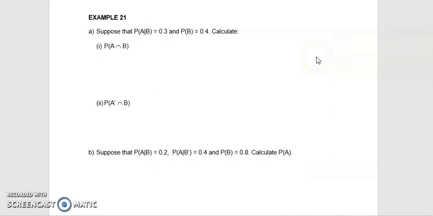Okay, now look at example 21. Suppose that probability of A given B equals 0.3 and probability of B equals 0.4.